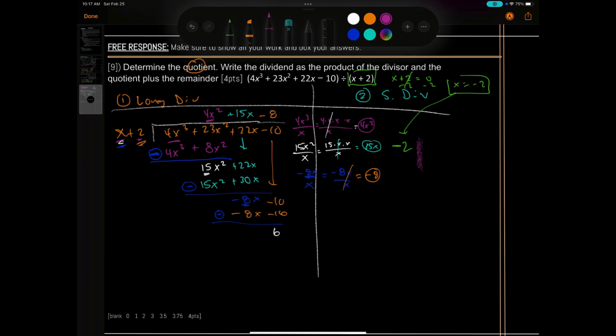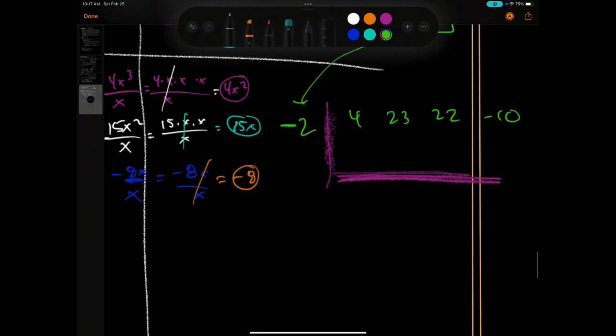And I'm going to go ahead and draw my division sign. And then the coefficients, 4, 23, 22, and negative 10. You'll notice there's no missing terms. What that means is it counts down, x to the third, 2, 1, 0, so nothing's missing. And I just write down those numbers, 4, 23, 22, negative 10.